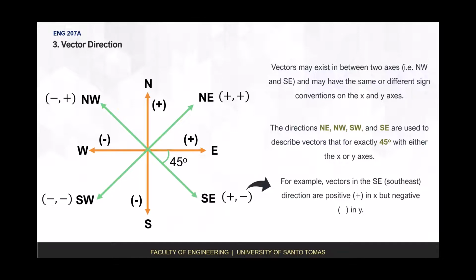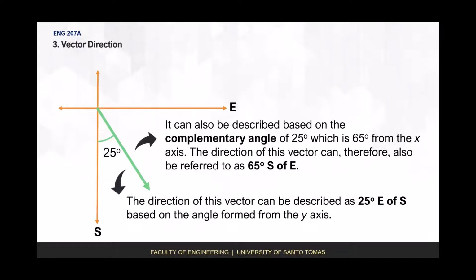Now the next question, what if they're not exactly 45 degrees? We have what we call complementary angles. So what if it's like this, 25 degrees? And the convention here is, it's pointing eastward, and you have to mention which axis the angle is referencing from.